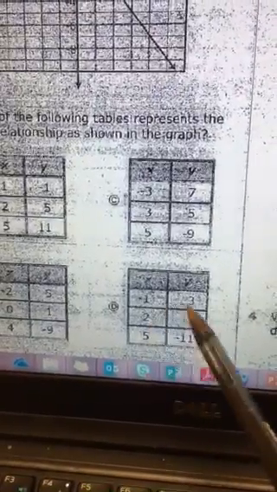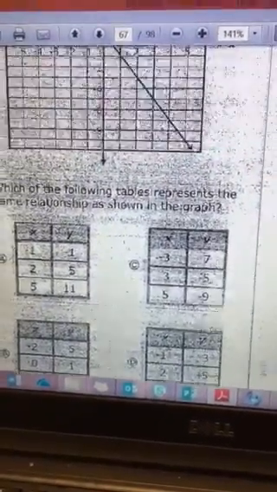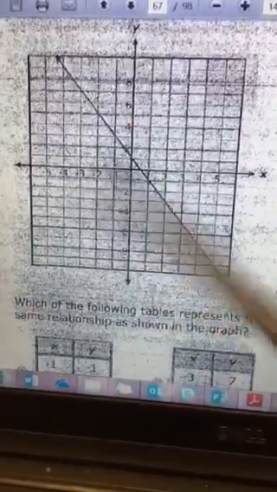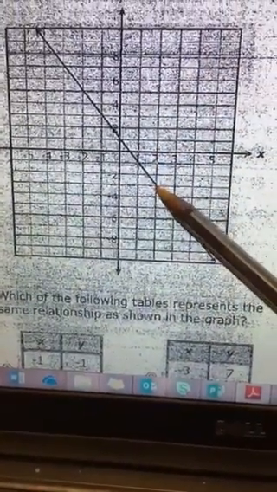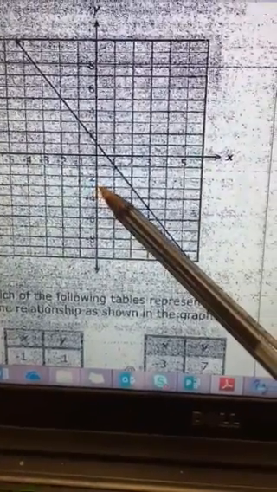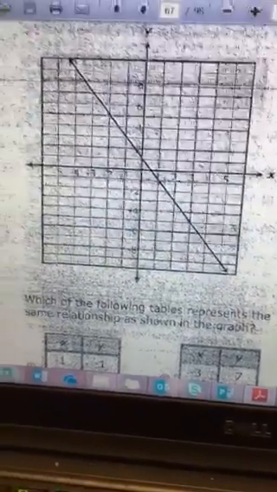So now I'm going to look at 2 and -5. Oh, that's not -5. That's in between -2 and -4. That's -3.